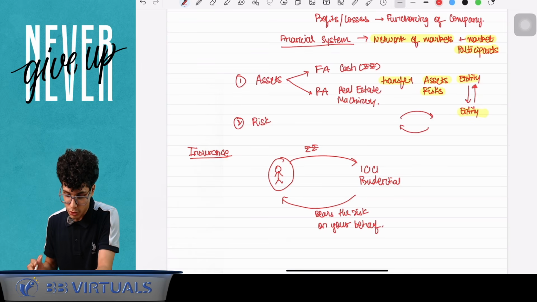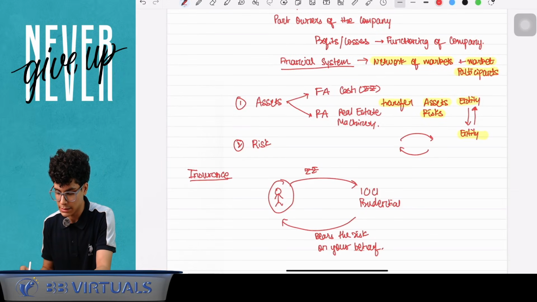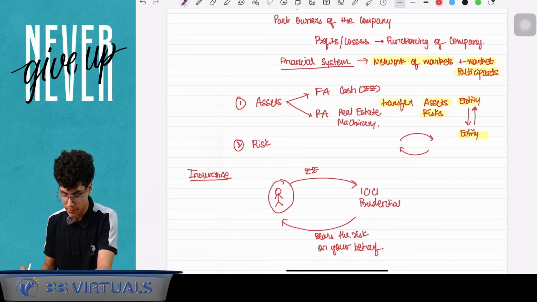Okay, sir. So what do we mean by a financial system? A financial system is a network of markets and market participants that help to transfer assets and risks from one entity to another.